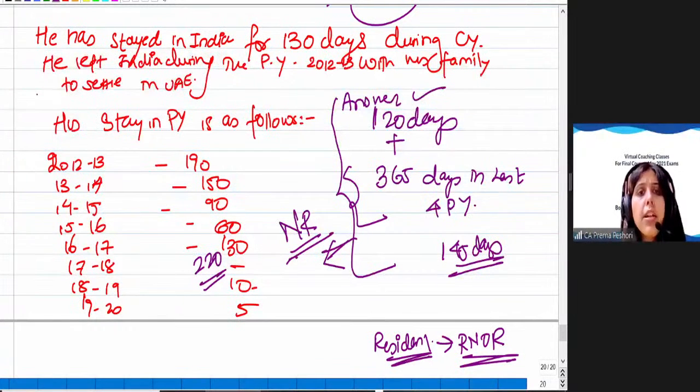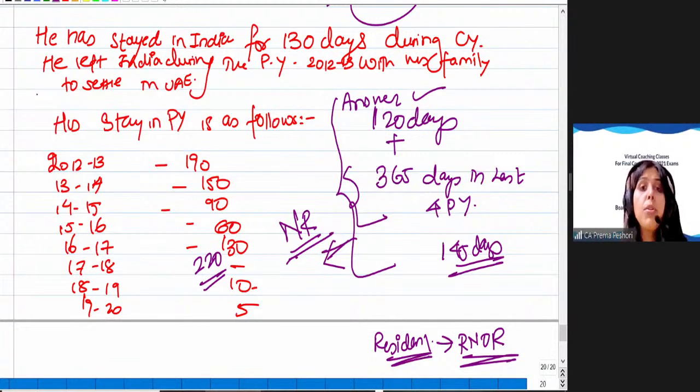Pooja, I have included only income from Germany from business controlled in India, because for the total income purpose, what Section 6 says is, it doesn't classify into residential status for this. Section 6 clearly says what is not income from foreign sources. It says income which is accrued or arising outside India other than from business controlled in India.